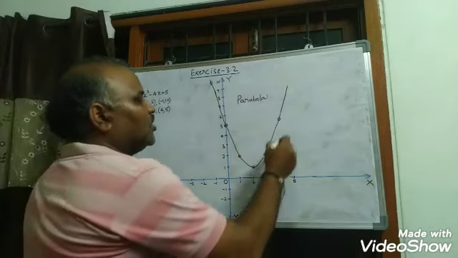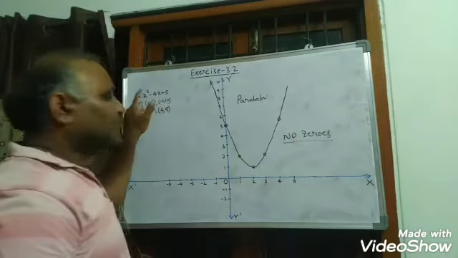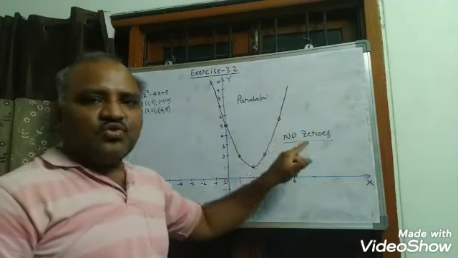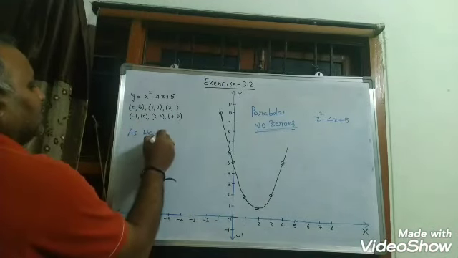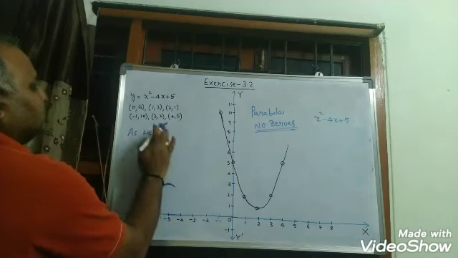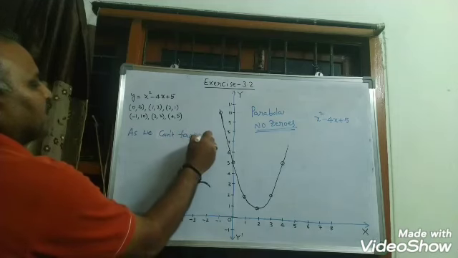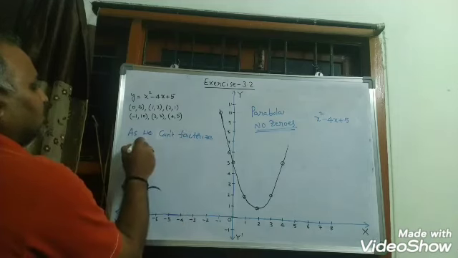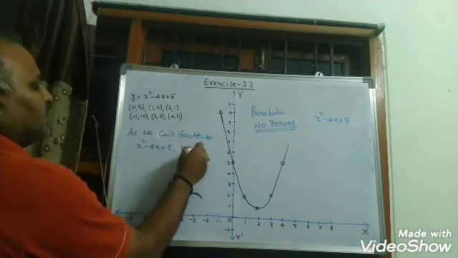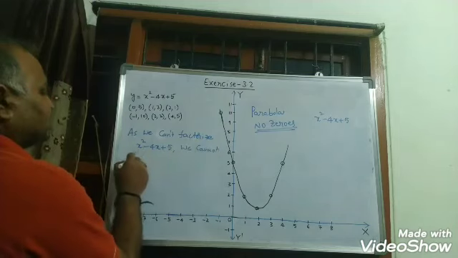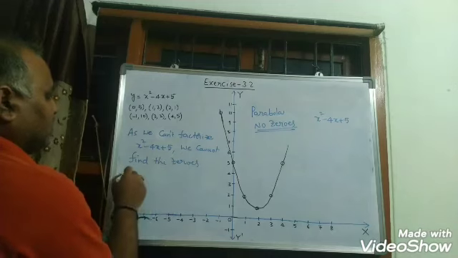So we can have no zeros for this particular polynomial. x square minus 4x plus 5 has no zero. As we can't factorize the polynomial x square minus 4x plus 5, we cannot find the zeros algebraically.